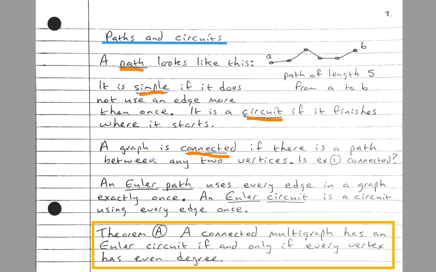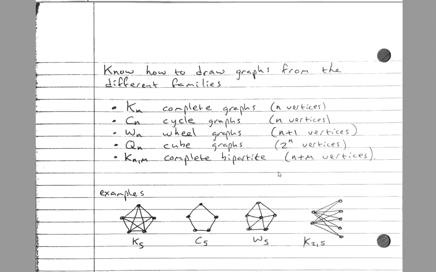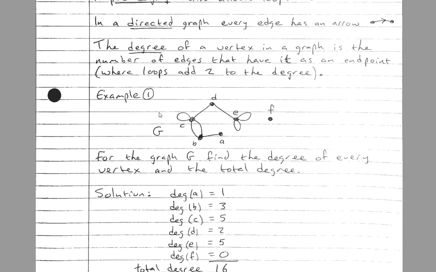More terminology: a graph is connected if there's a path between any two vertices. Is example 1 connected? Way back to example 1. For this graph, is there a path connecting every two vertices?